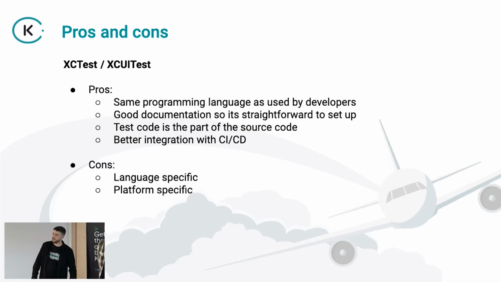The main advantages, as was already mentioned, are that we are using the same programming language, better integration, and it's easier to set up due to good documentation from Apple. But there are, of course, some disadvantages, mainly that it's language and platform specific.